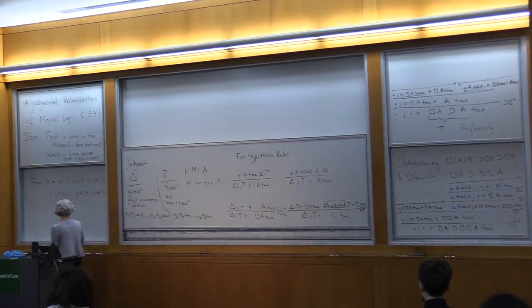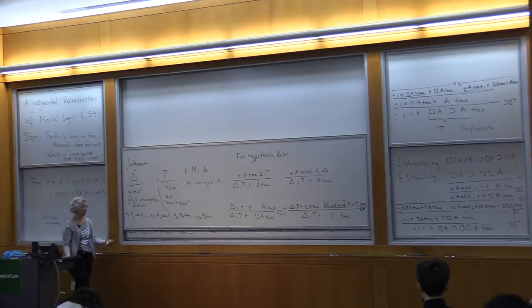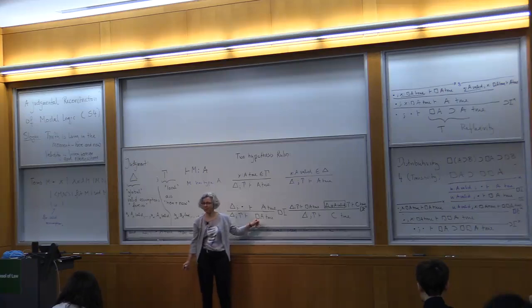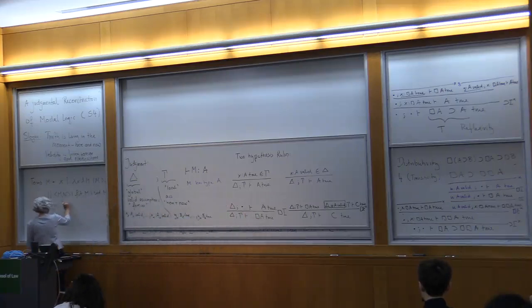So we don't want to confuse them. So we have u, which is going to be for valid assumptions. We're not very creative, we're going to just call this box. Literally box.